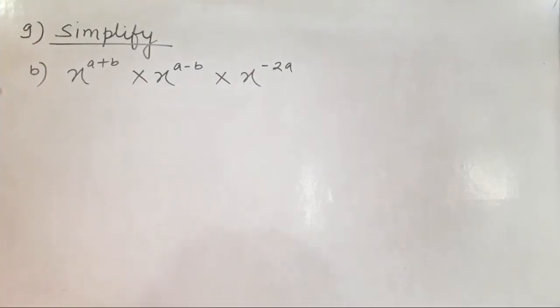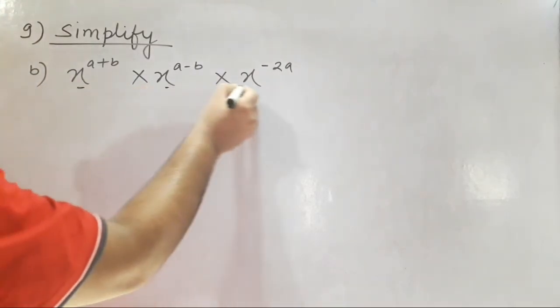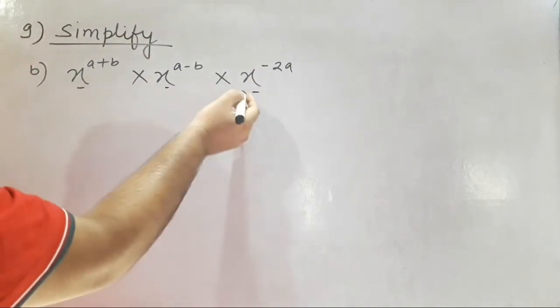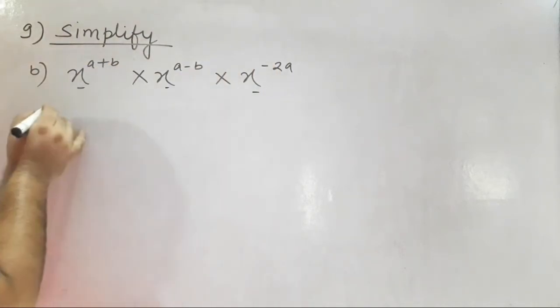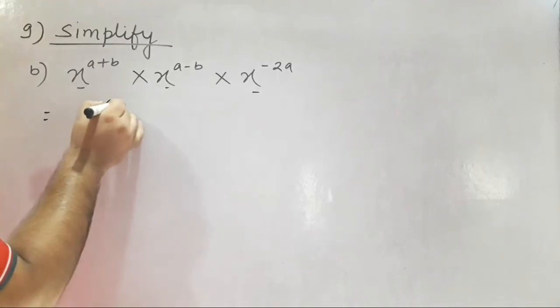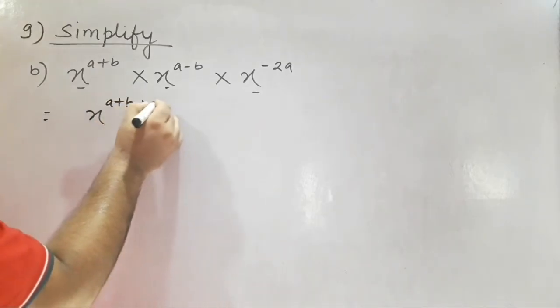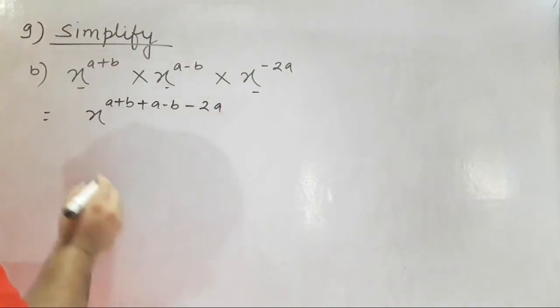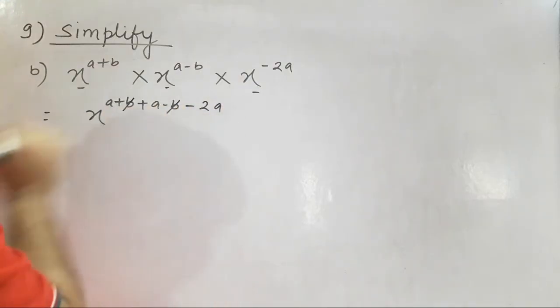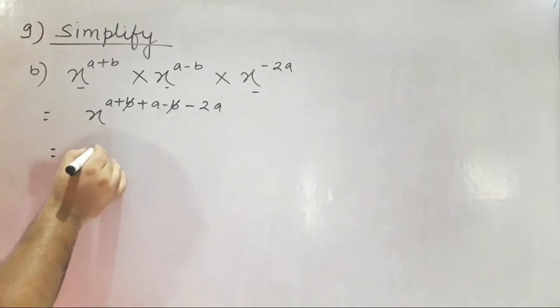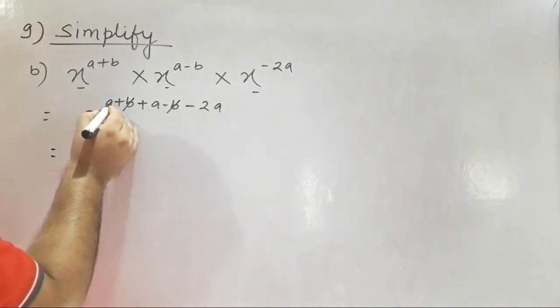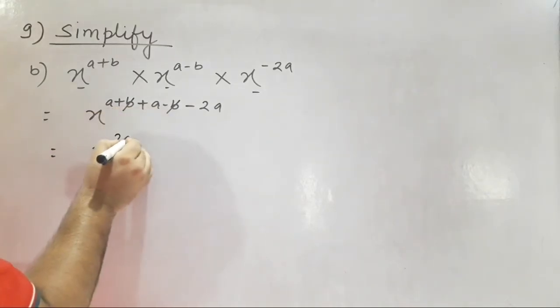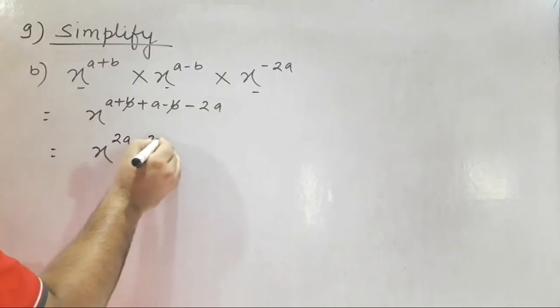The next question is similar to the previous one. Here also same bases are multiplied, and when same bases are multiplied we can add their powers. x power a plus b plus a minus b minus 2a. Plus b minus b can be cancelled. x power a plus a, 2a, minus 2a.